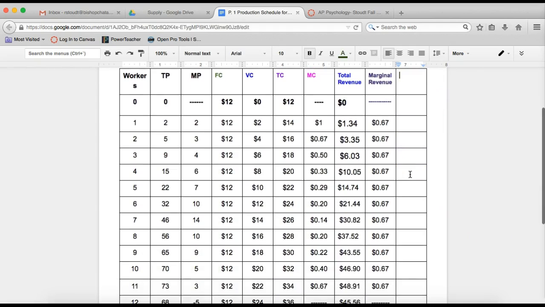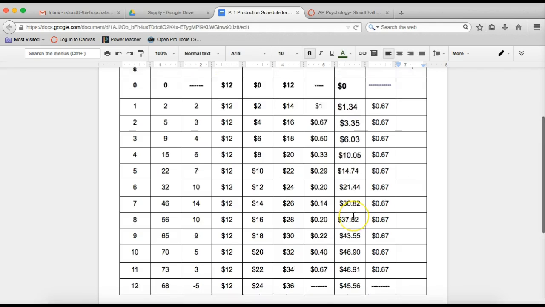All right, last column is going to be profit or loss. So are we making money or are we losing money? To figure that out, we have to look at how much we totally took in from selling our airplanes, hypothetically, and how much it costs us totally to make our airplanes.